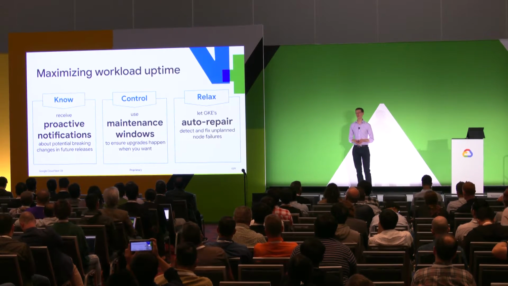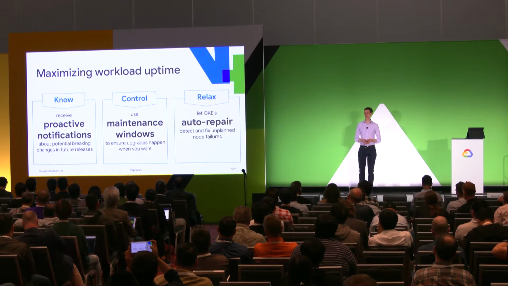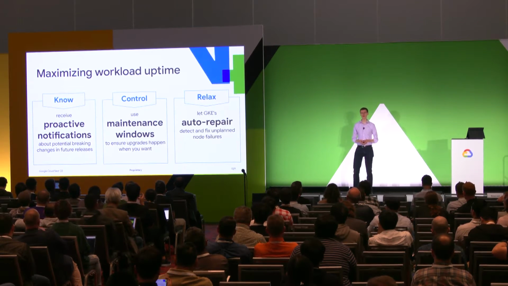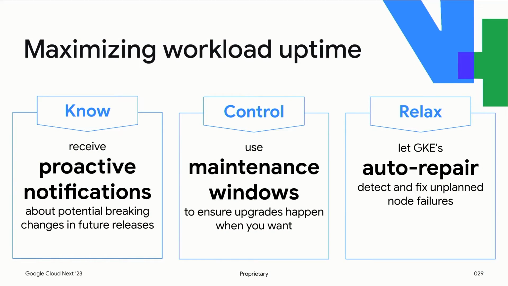As the number of nodes in your training cluster increases, the probability that any one of them will fail naturally increases as well. Since one node failing means all nodes must wait, we've made extensive investments to help you maximize workload uptime.